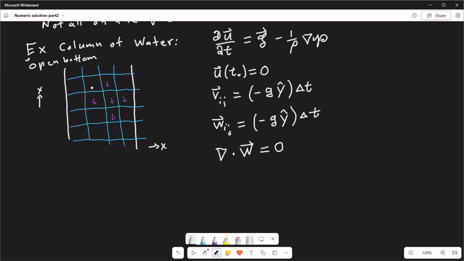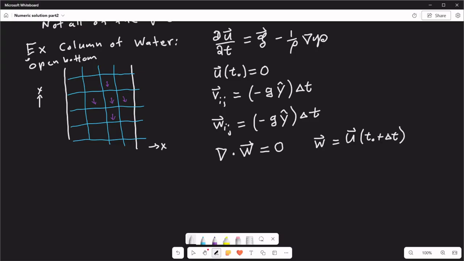So it turns out in this particular solution, this velocity is accepted and it just translates directly into a physical solution. So what actually happens here is W vector actually does in fact equal the U vector at the next time step, t naught plus delta t.